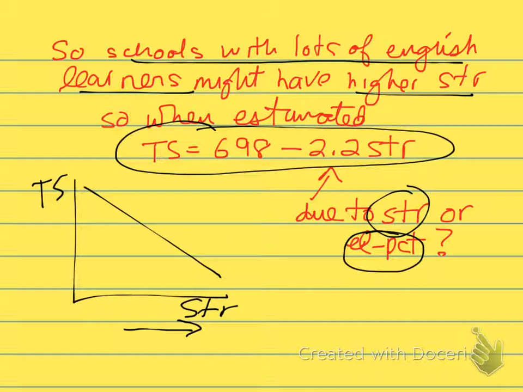Since as the student-teacher ratio goes up, we might reasonably imagine the percent of English language learners is also going up. So we see how our basic regression has a problem: when we're attributing the effect of changes in the student-teacher ratio, we have what we might call an omitted variable, the percent of English language learners, which is also varying like the student-teacher ratio in the same direction and affecting the outcome of test scores.